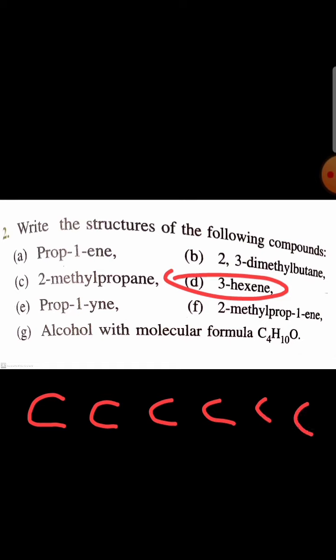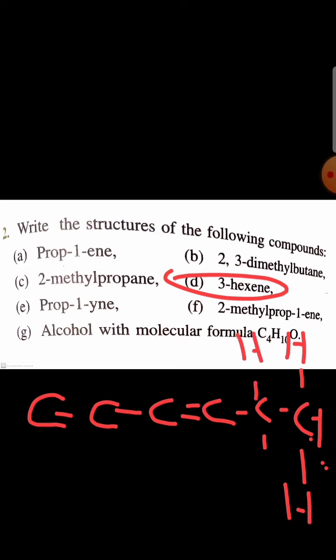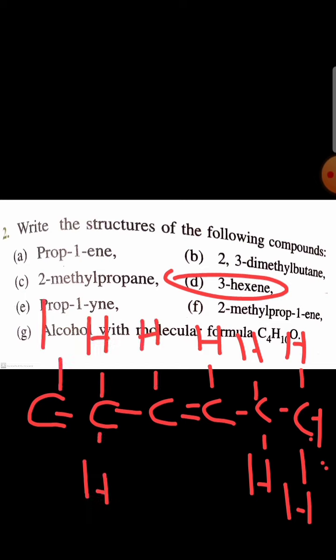At the third carbon atom we are going to put the double bond, the remaining carbon atoms single bond, and add hydrogen according to tetravalency. So the first carbon atom 3 hydrogen, the second carbon 2 hydrogen, the third carbon atom only 1 hydrogen, the fourth also only 1, the fifth 2 hydrogen, and the sixth carbon atom 3 hydrogen. So this is 3-hexene.